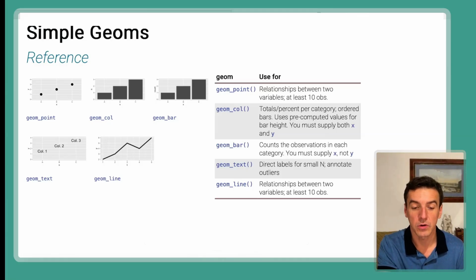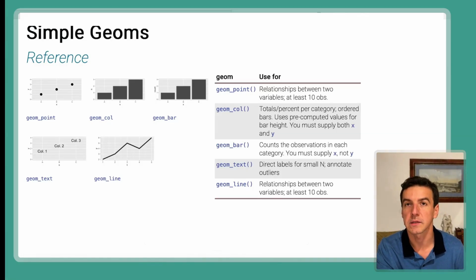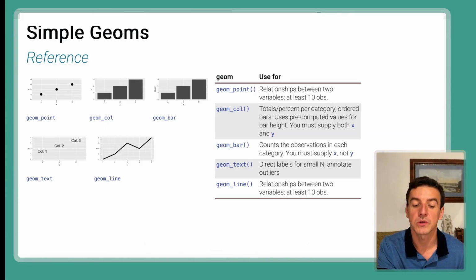When using geom_col, you have to supply both x and y. geom_bar counts the observations in each category, so here you no longer need to supply y, it's enough to have x. geom_text is really about labeling points or columns, or annotating, whereas finally geom_line is about mapping relationships between two variables.